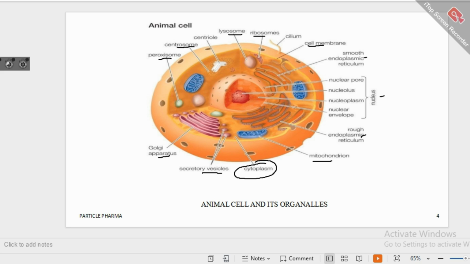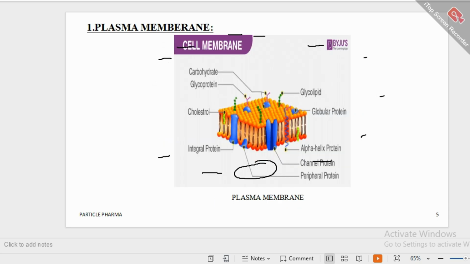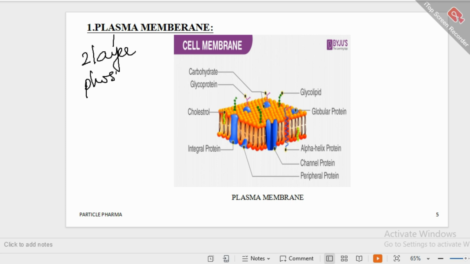Next is the plasma membrane. We have seen that the plasma membrane is a two-layer membrane, or phospholipid bilayer membrane.